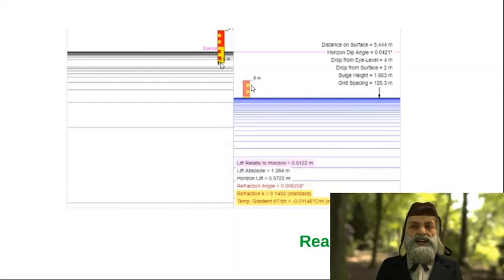We can simulate this in the calculator. This is the 6 meter high wall, and we actually see when we factor in refraction that this portion of the wall is visible, which corresponds to what we see in Jo Crexnis' video.